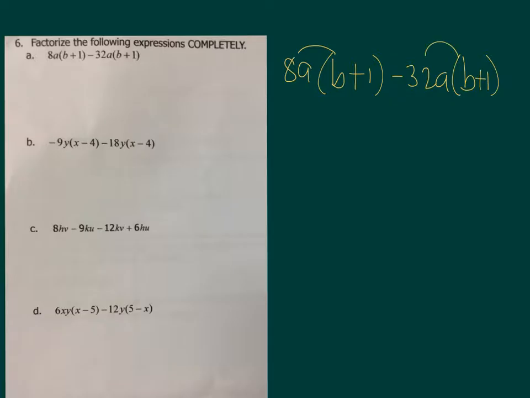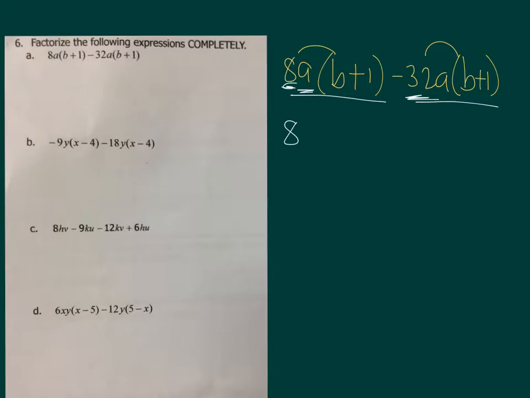Rather, you look for any common factors for each group. When I say group, this is one group and this is another group. Looking at each group, I could see an 8 and a 32. They are related because 8 is a factor of 32. So a common factor is an 8.